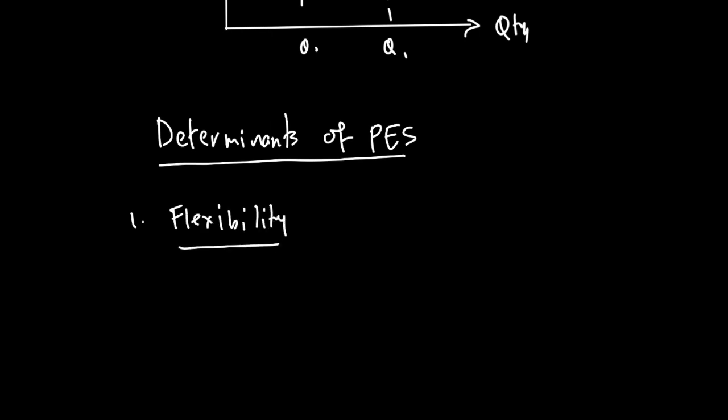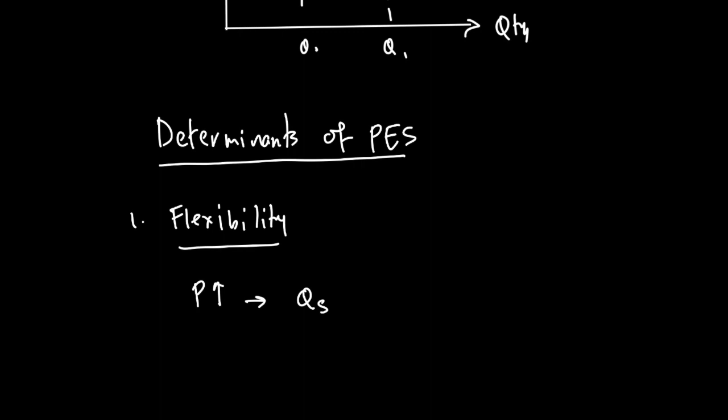Flexibility is how easy it is for the producer to increase supply when the price goes up. If it's very difficult for the producer to increase supply when the price goes up, we say he is inflexible.